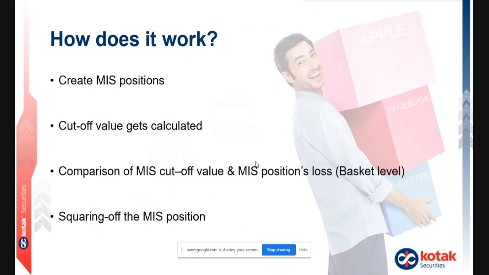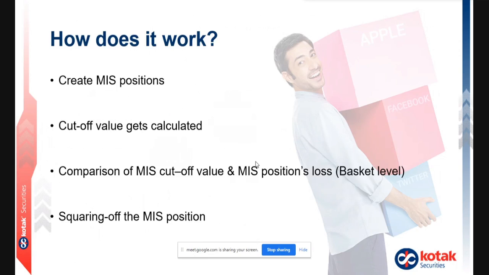Your cutoff value will get calculated automatically. Whatever funds you use for creating a position in MIS, 50% of that will be considered your cutoff. So for example, the cutoff value gets calculated as 5,000 rupees.